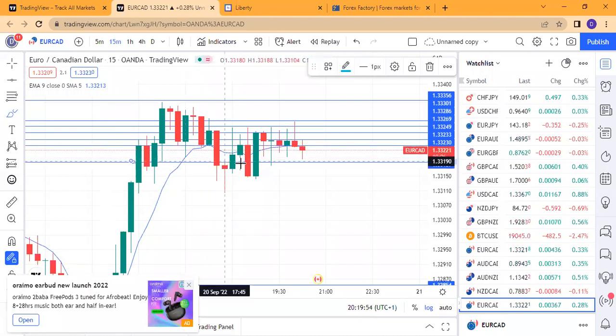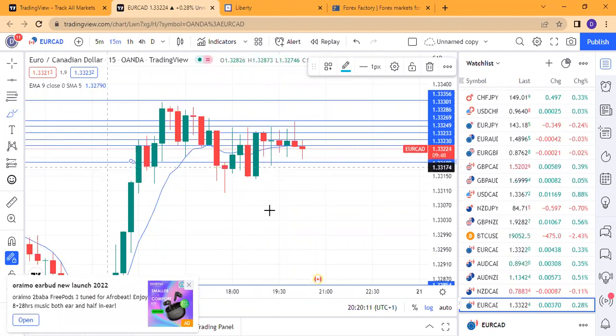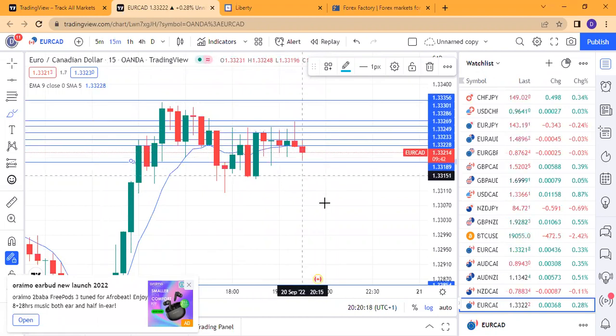Now look at this particular roof that was broken, which made it a floor. It has sold 1, 2, 3, 4, 5, 6. Now all these roofs have been broken. As a disciplined trader, it's not good to trade anything around this zone.